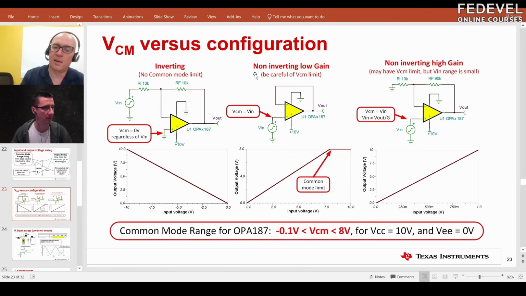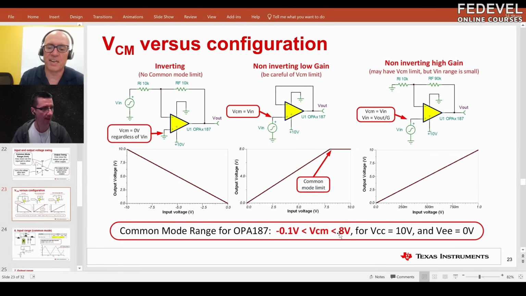Now, in a non-inverting configuration that's in low gain, whatever's applied to the non-inverting input is going to be the common mode signal. So if Vin is 1 volt, the common mode voltage is 1 volt. And in this case, the common mode is limited from -0.1 to 0.8 of a volt.